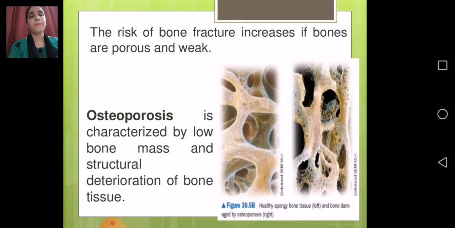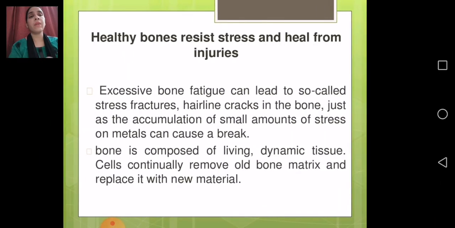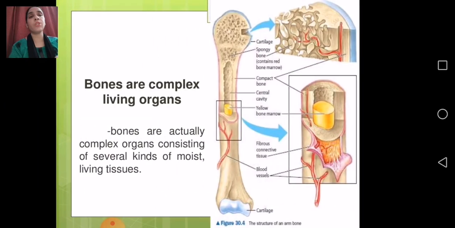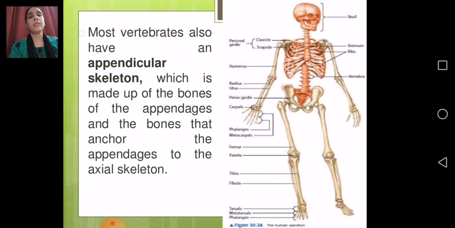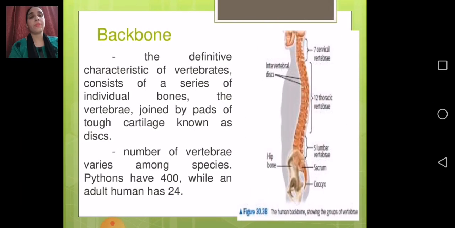So here we have done a lot in this video about our whole skeleton. Here I am going to mention that the backbone is given, but the skull is not given. Now the skull is again an important part of the bony structure, that is the skeleton, the bony framework.